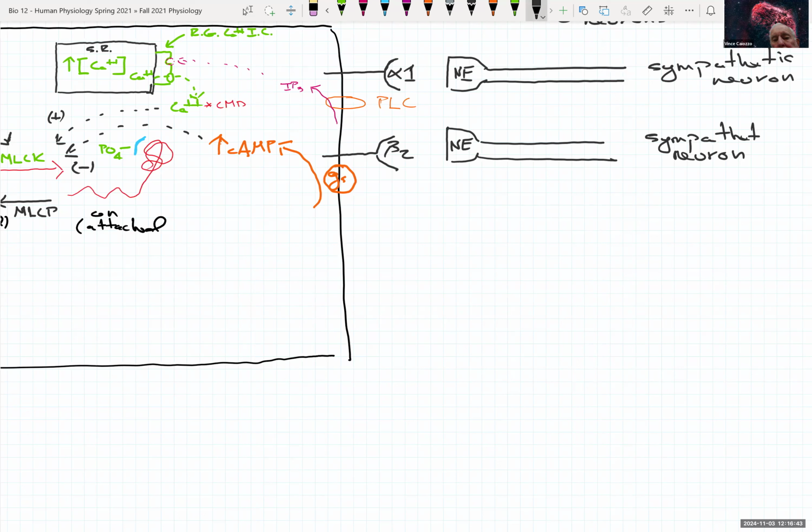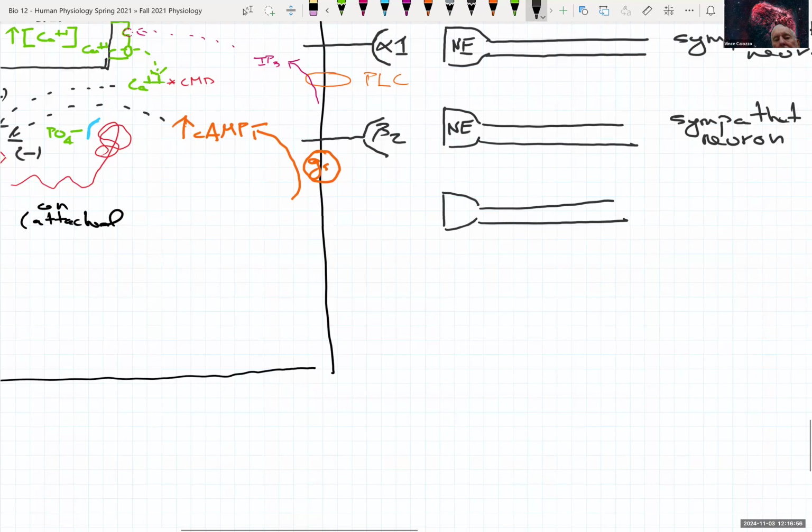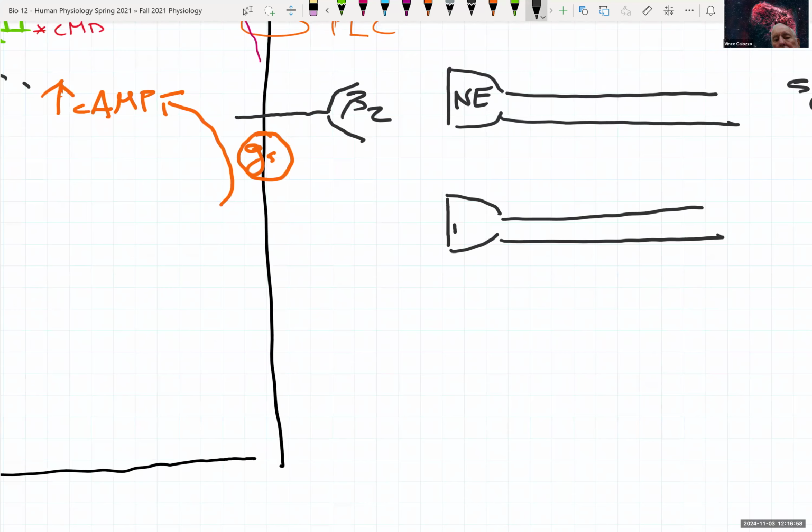We can also have the involvement of sympathetic neurons acting on alpha 2 adrenergic receptors.